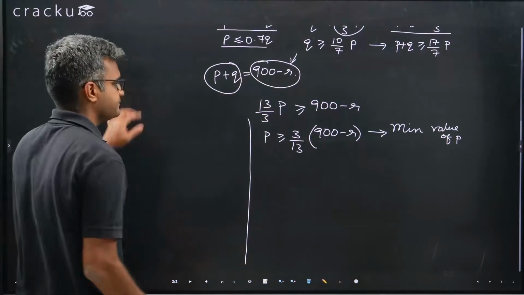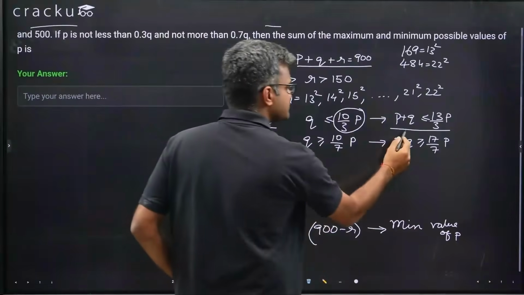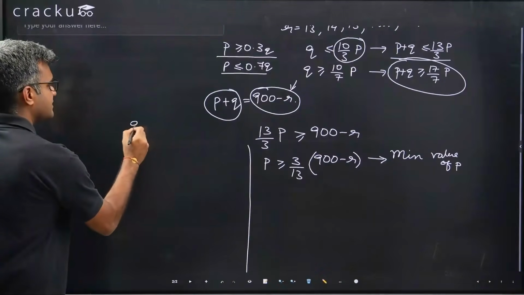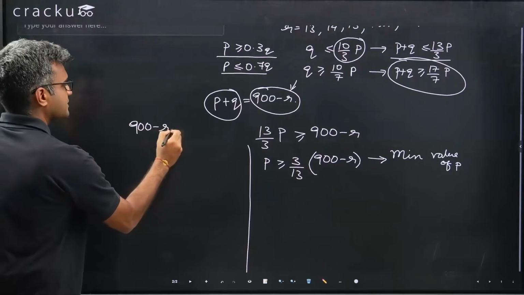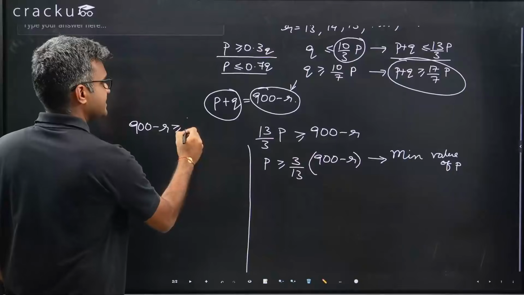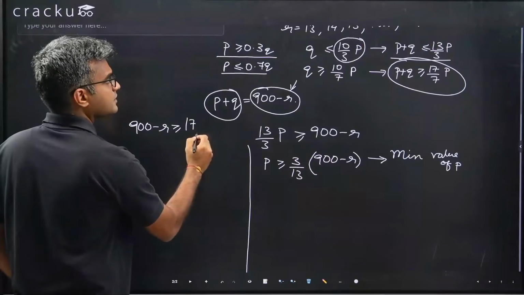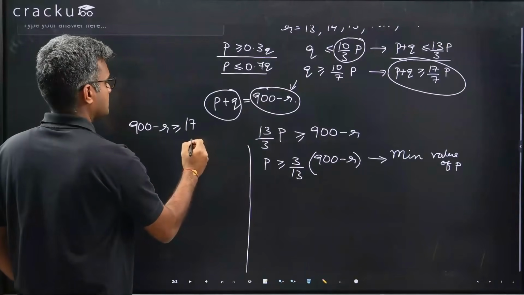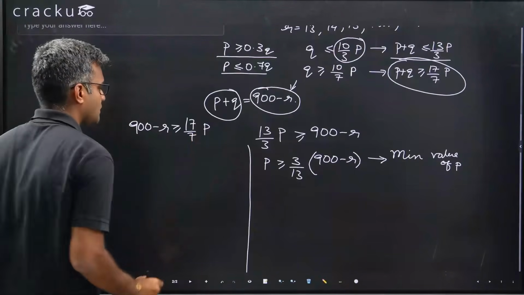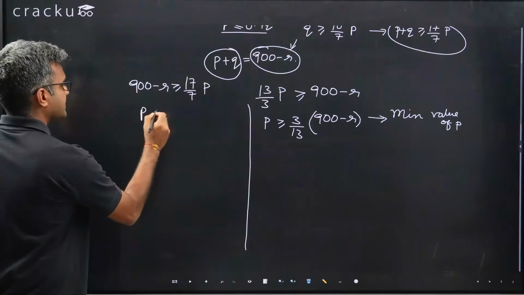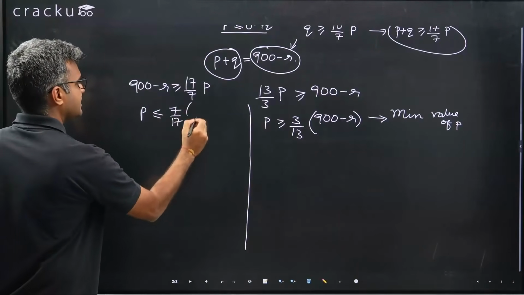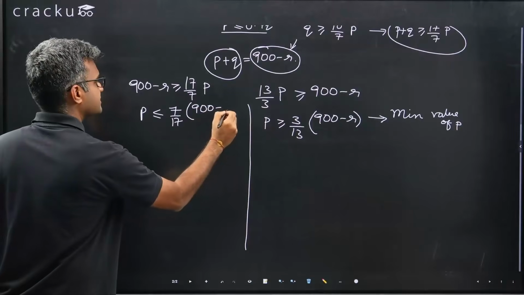Similarly, p plus q is greater than or equal to 17 by 7 p. That is, 900 minus r is greater than or equal to 17 by 7 p, or the value of p is less than or equal to 7 by 17 into 900 minus r.